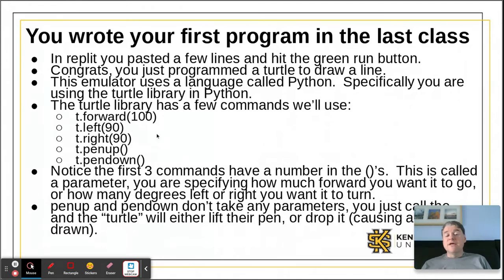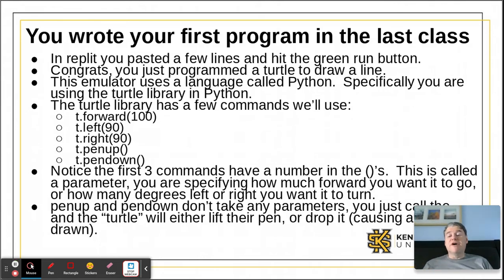The number 90 in this case tells the turtle to turn left 90 degrees, which will have it pointing exactly straight up if it was pointing straight across. t.right(90) tells the turtle to turn right 90, and then we have two more commands, t.penup and t.pendown. Sometimes you're going to want to move the turtle but not actually draw a line. So you tell it pen up, move the turtle, and then pen down.